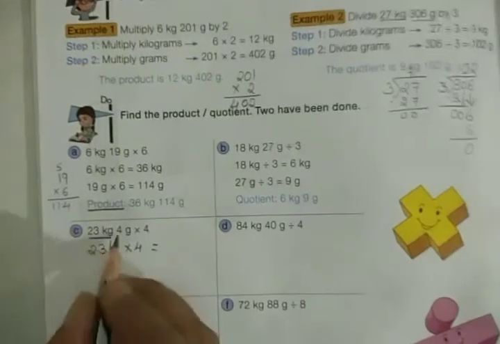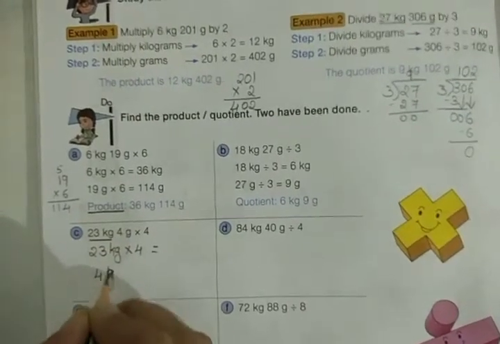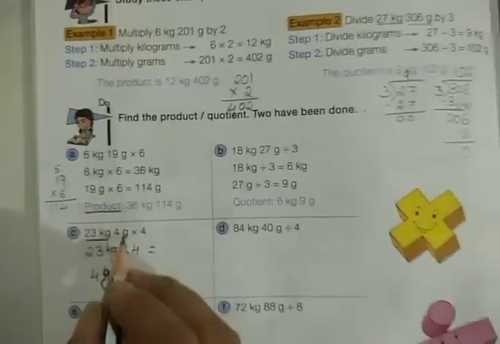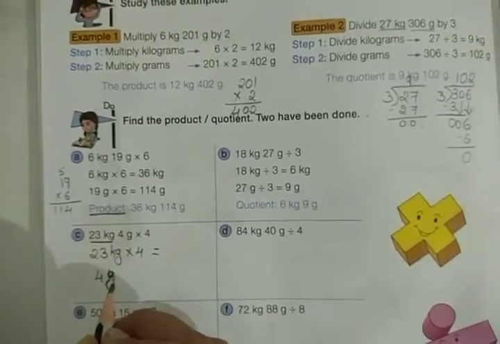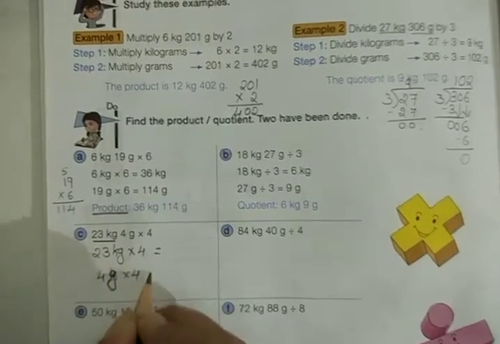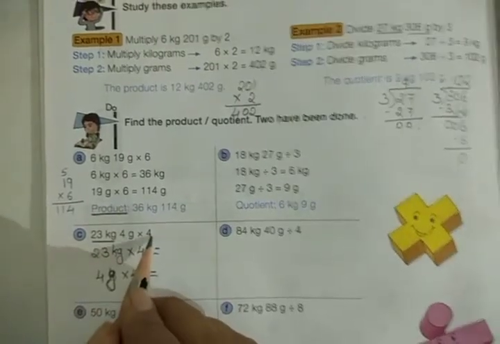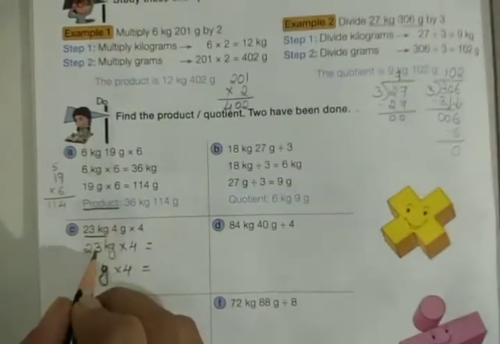Then 4 gram we have to multiply after. In the second step, 4 gram multiplied by 4. Kg with 4, then gram with 4.